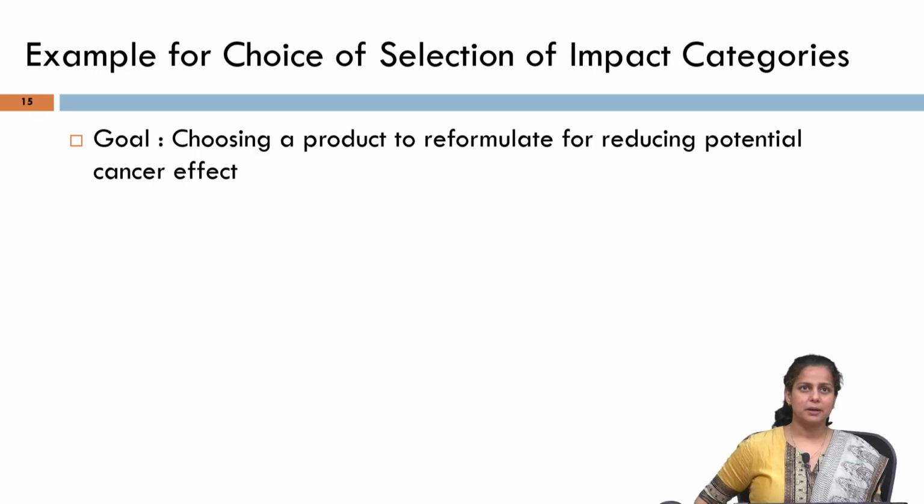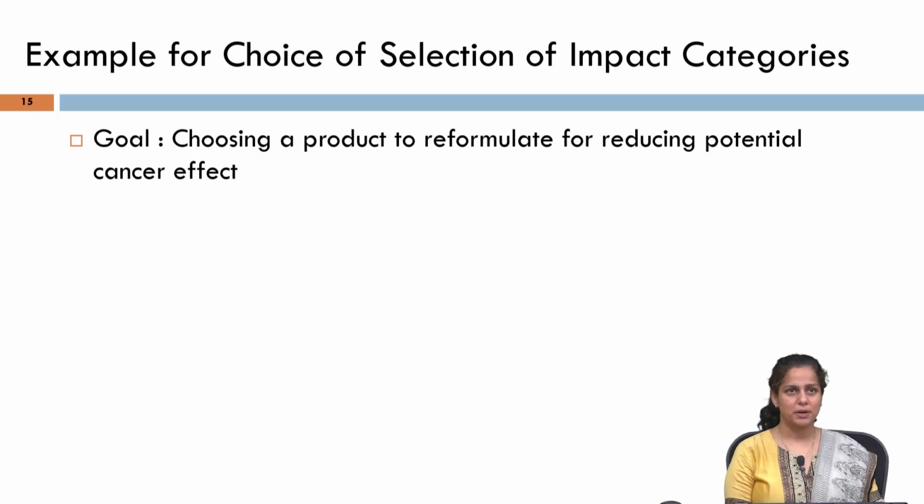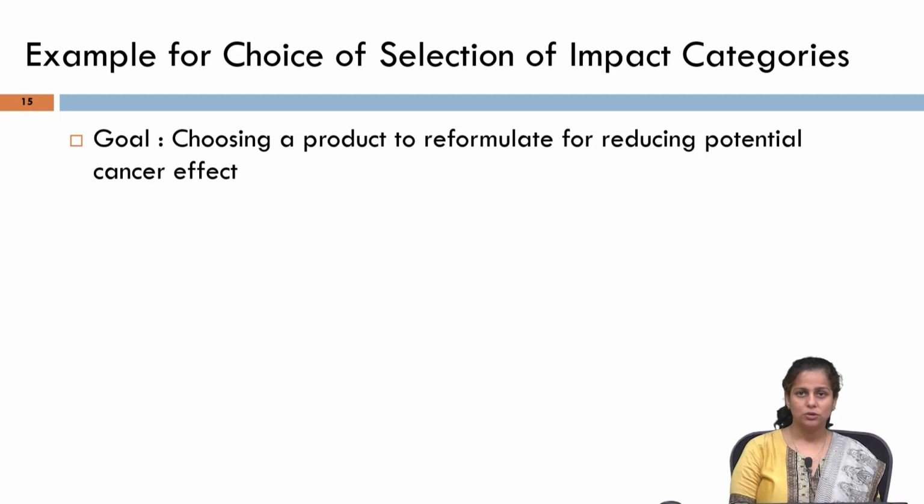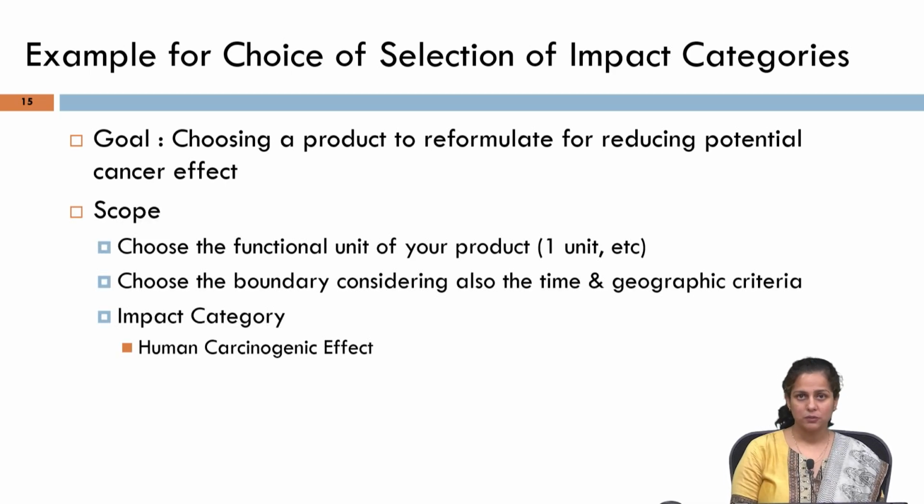So, the next example is choice of selection of impact categories. Here, let us say the goal is choosing a product to reformulate for reducing potential cancer effect. The important term here is that the goal is to reduce potential cancer effect in the product. Of course, you will start with choosing the functional unit of your product, which is 1 unit.